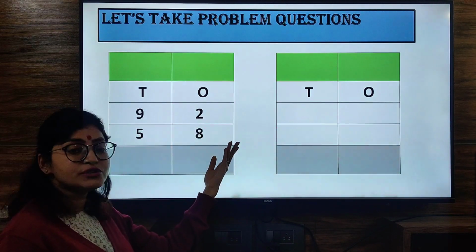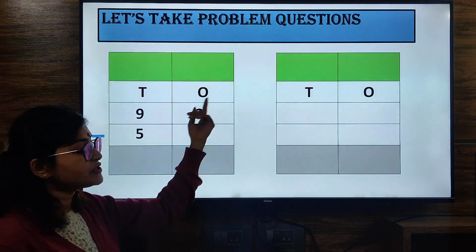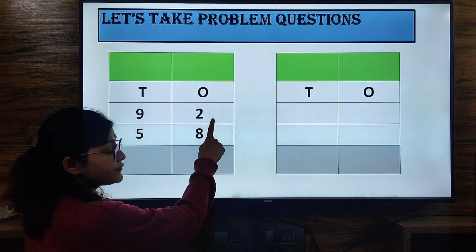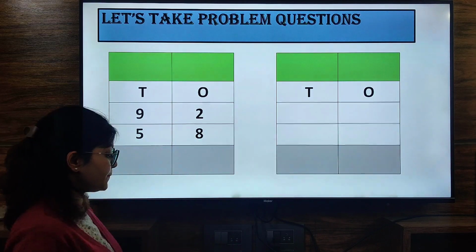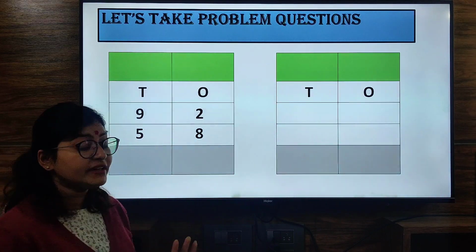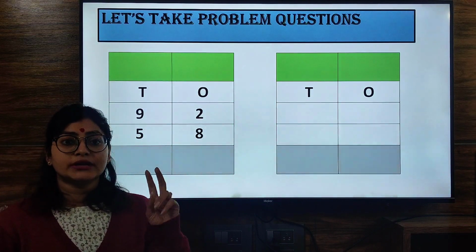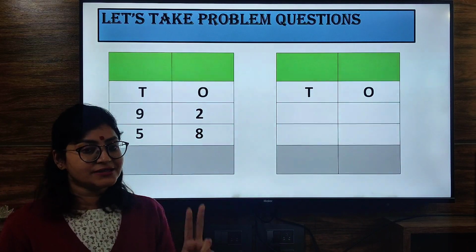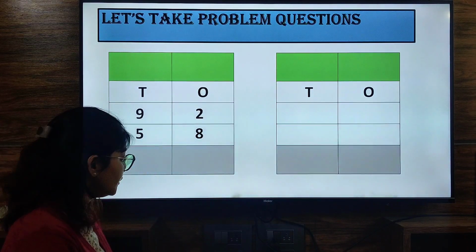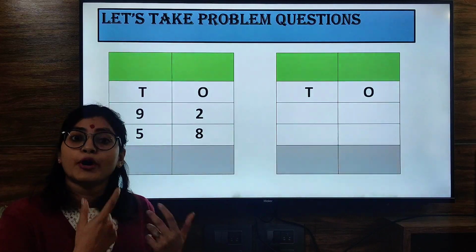As we have to start from the right hand side, which is the ones side, here I have 2 and 8. So can we subtract 8 fingers from 2 fingers? No, we can't. So here comes the borrowing.